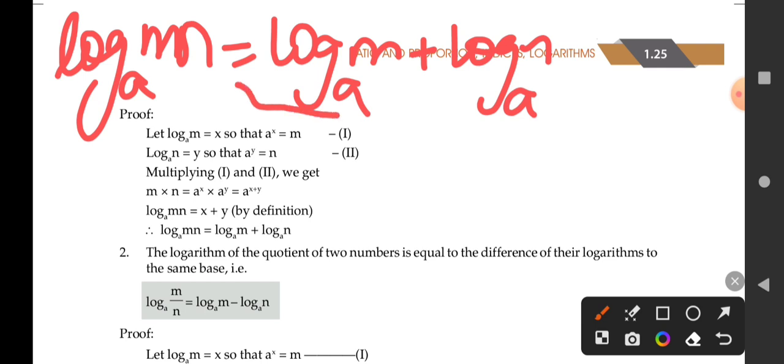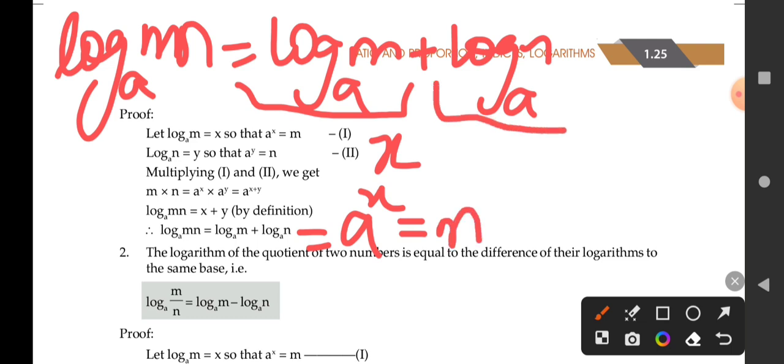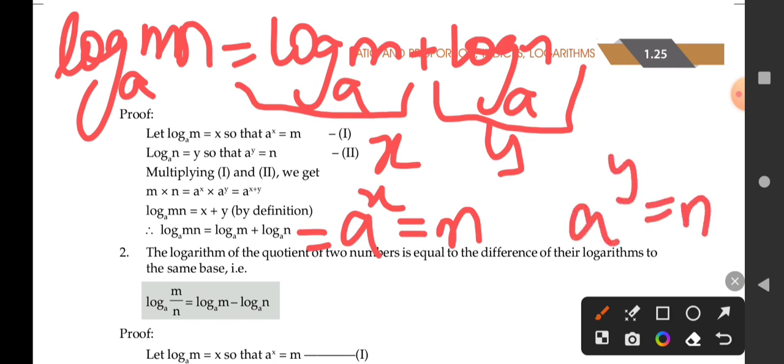So this first term on the right hand side, suppose it is equal to x. Okay, so we have a power x is equal to m, and suppose this term is equal to y, so we have a power y is equal to n. Correct?